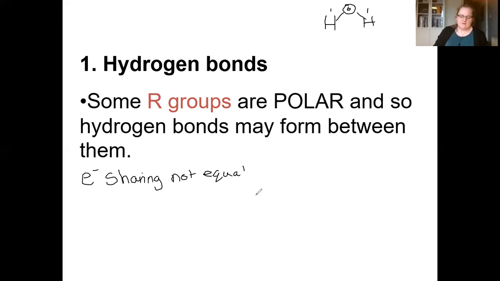What happens is polar R groups attract other polar molecules. It's a bit like when we say positive attracts negative. So polar groups attract other polar groups. So for example, water, here we go, we've got one water molecule here. Water likes to attract water.